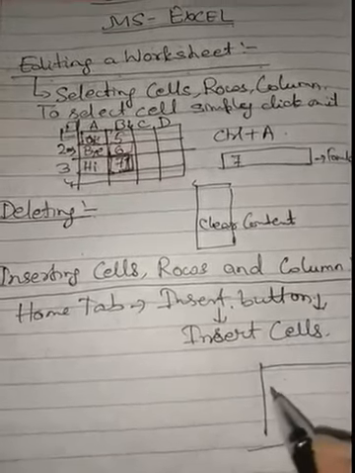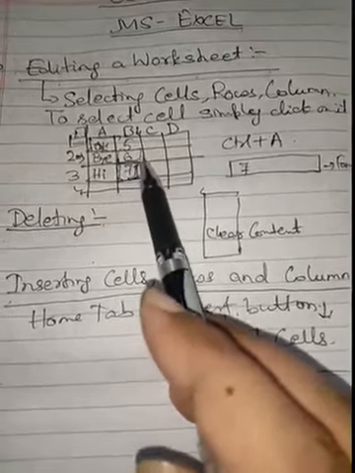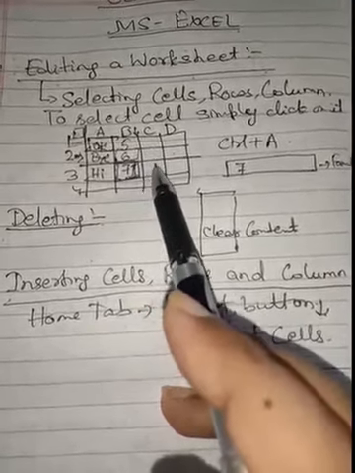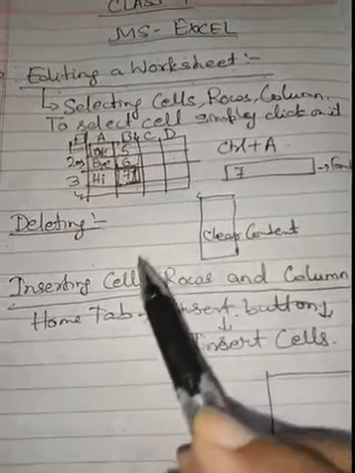It will ask you whether you want the selected cell to shift right or down, or to insert an entire row or column. So in a similar way you can also insert the entire row and column.